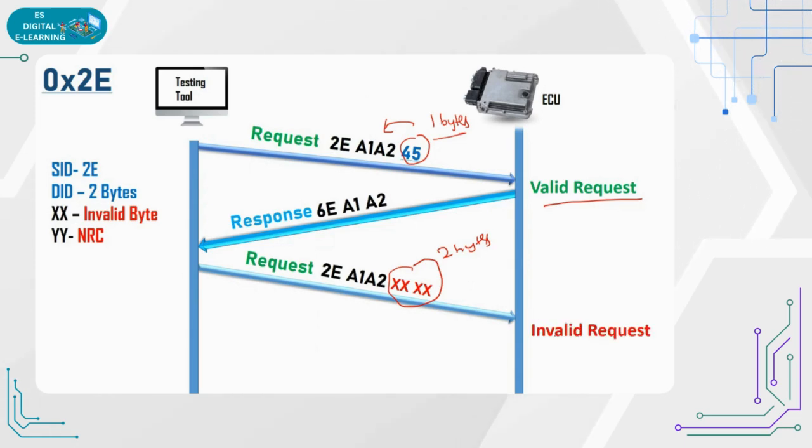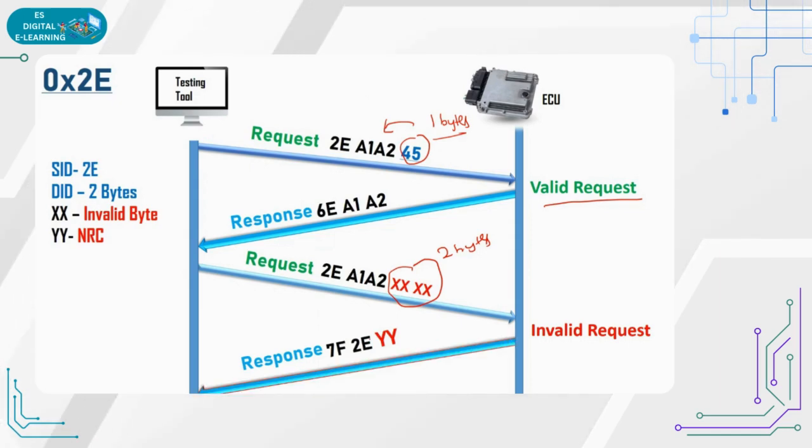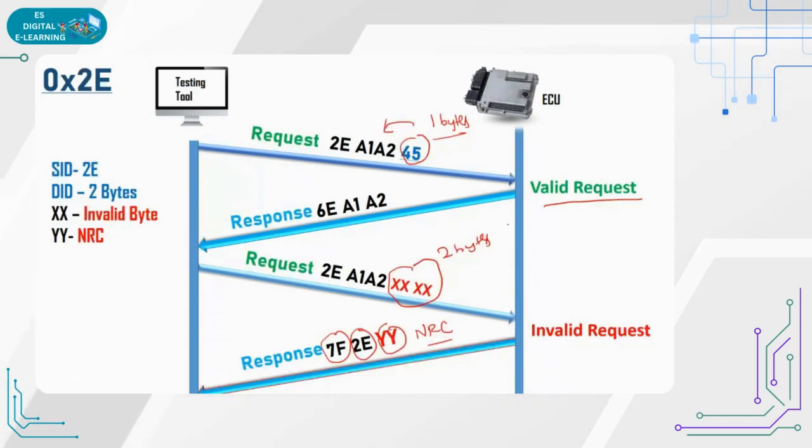It will be an invalid request, meaning the ECU won't accept the data. That's why I will get a negative response of 7F, 2E service ID, and NRC code. Is it clear? You can write this point down: 2 bytes are not supported by the ECU.